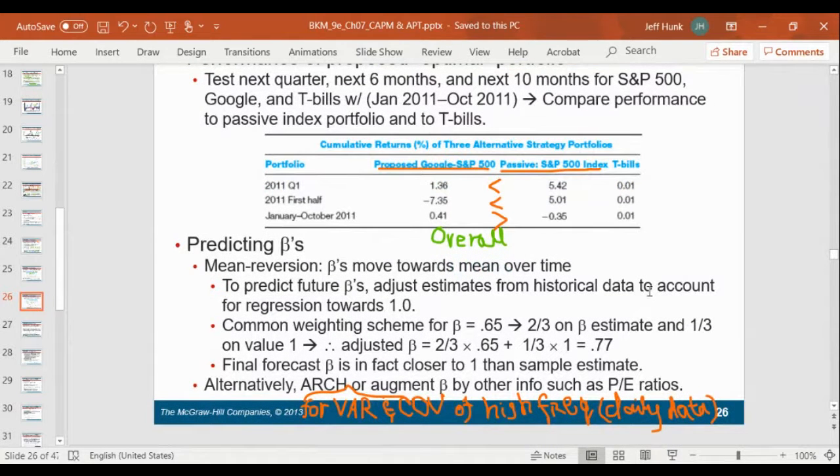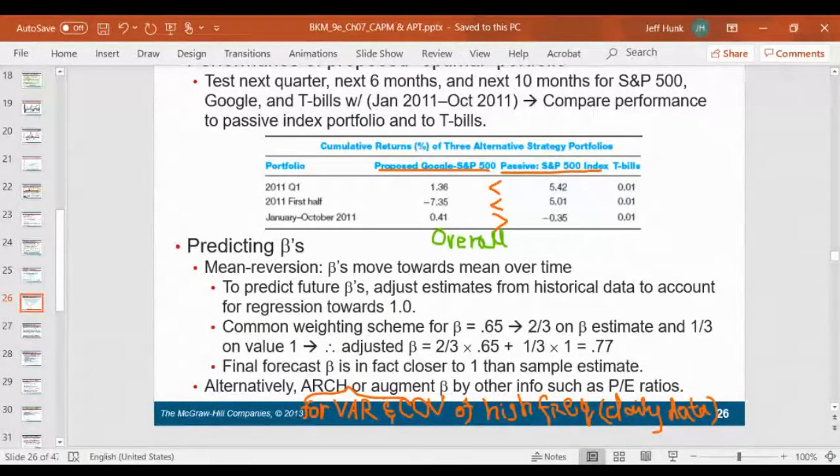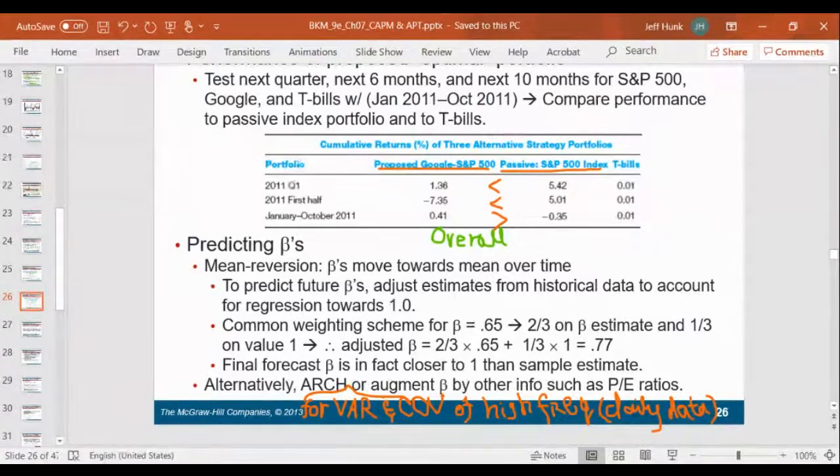So overall, we obtain a result that supports our alpha hunting strategy, which may sound quite corny. You might say, this chapter is about CAPM, and obviously the chapter will try to put forth all the evidence to justify CAPM.